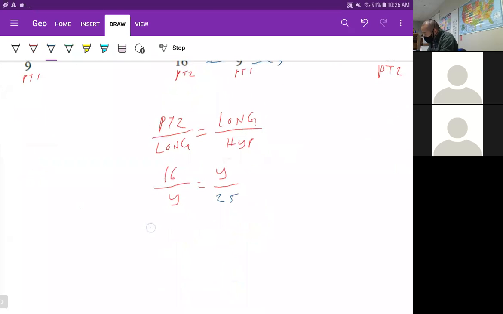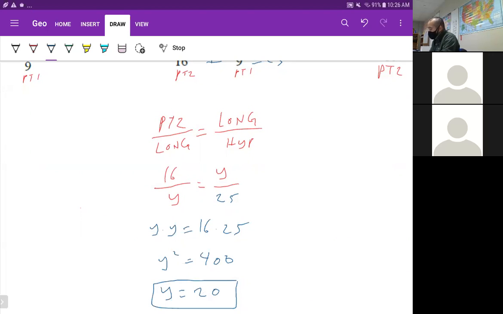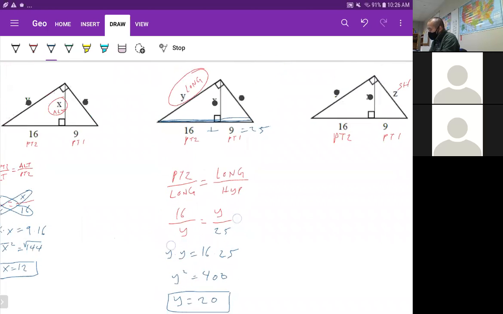So y times y equals 16 times 25. So y squared equals 400. Take the square root. Got 20. Square root of 400 is 20. Ta-da! So y is 20.